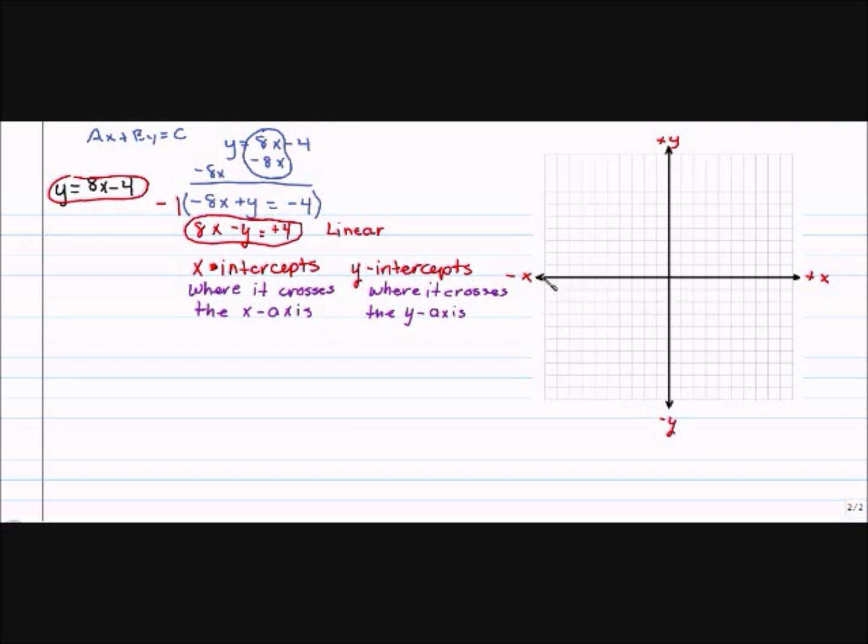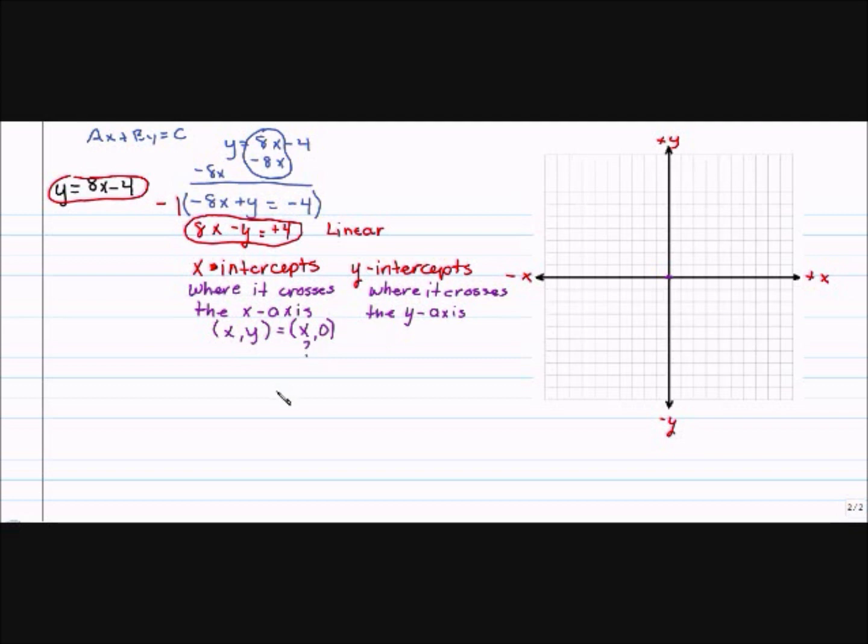Now, to understand the x and y intercept, the x-intercept is when y equals 0. Okay? So your x-intercept, you have an ordered pair, and when looking for the x-intercept, your y will be 0.